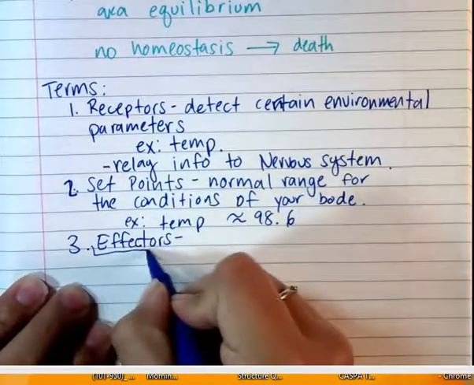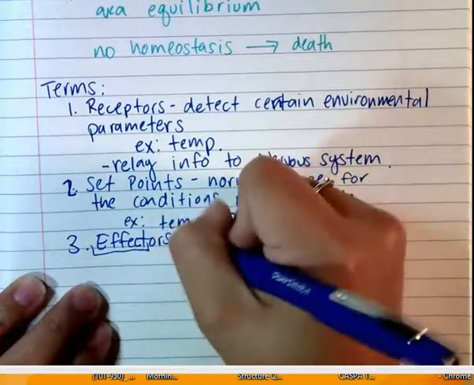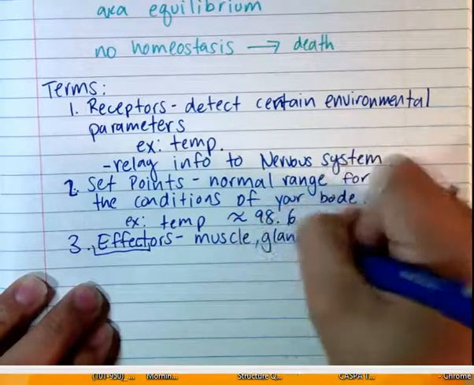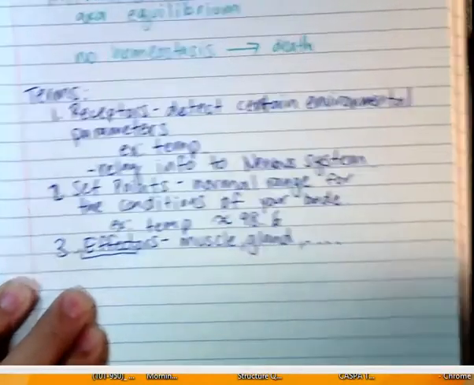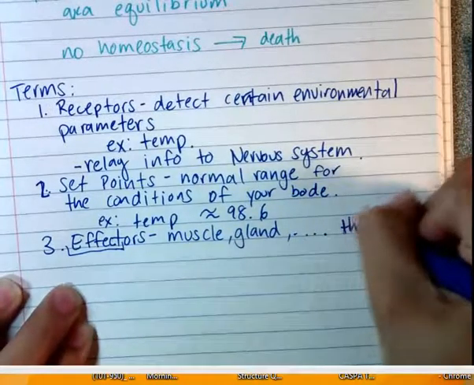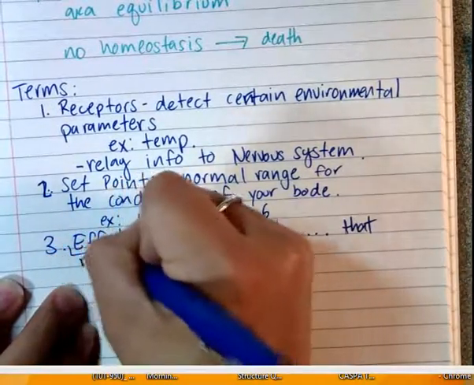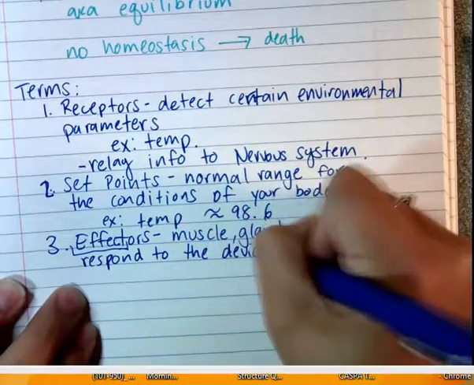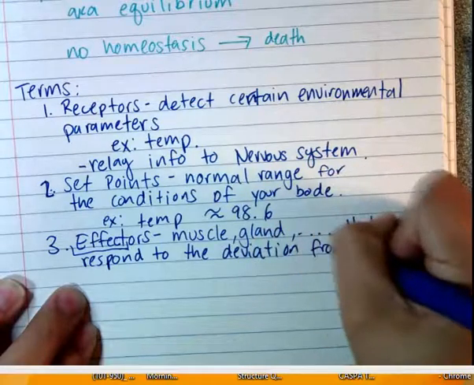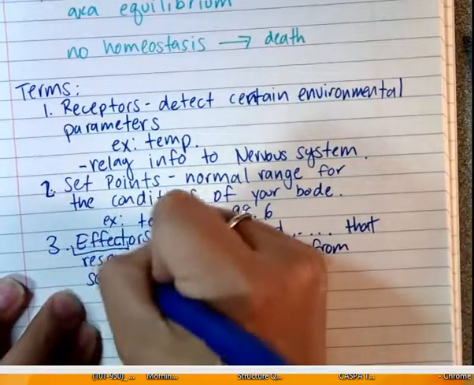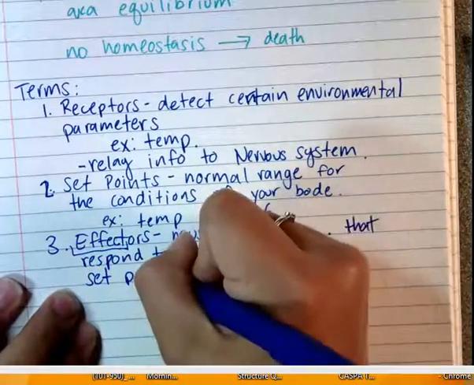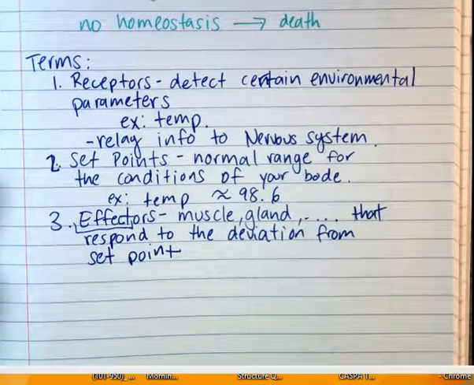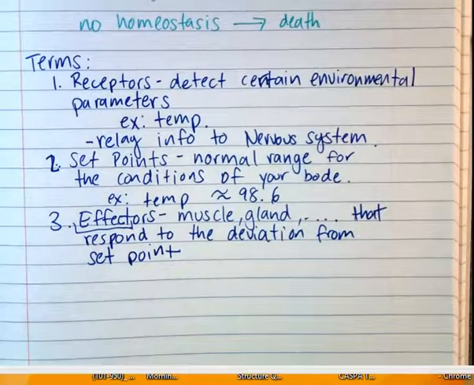So there's lots of different things that respond to the deviation from your set point. Their whole purpose or their response is to try to get you back to that homeostasis point.